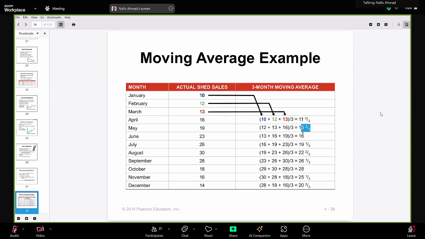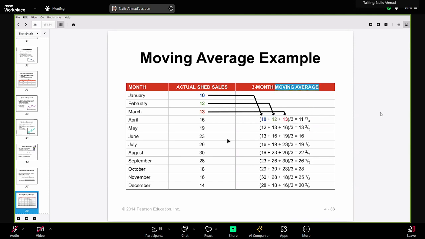Now, after the month of May ends, you get the actual data. You get this information once the month is finished, the month is closed. Now, if you want to forecast the demand for June, you take again the immediate past 3. That's why it's called the moving average.